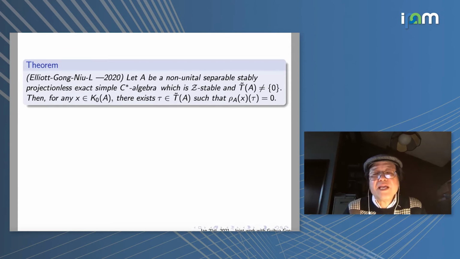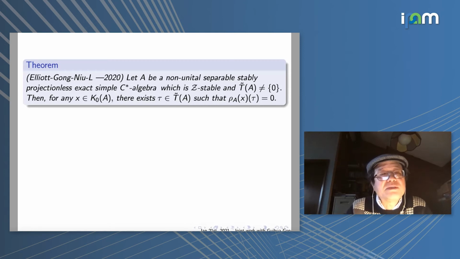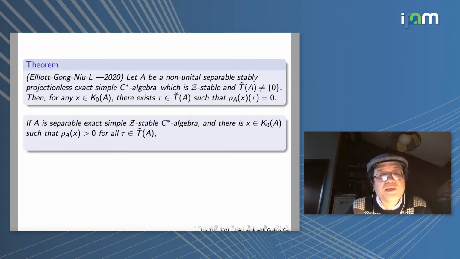It says if A is a non-unital separable, stably projectionless exact simple C*-algebra, which is Z-stable, and it has a non-zero trace, then you can find at least one trace such that the pairing at that point is 0. Now, let me say this is actually a very important theorem. It's actually sort of the foundation for the classification of the non-simple case.